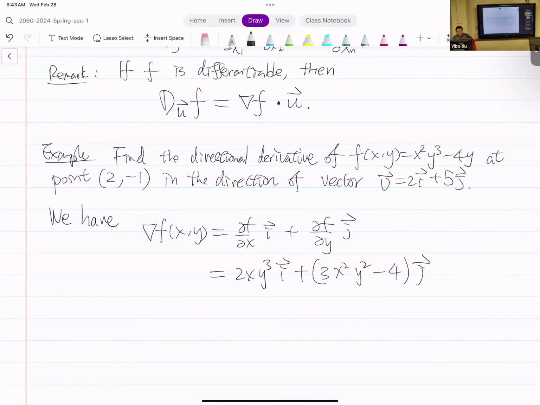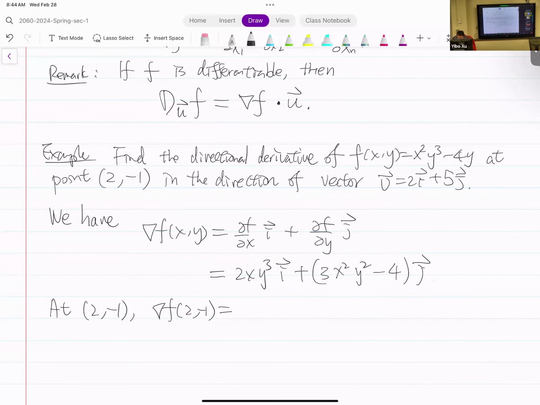So the gradient is a bivariate vector, so both components are bivariate functions. Now we need to evaluate at the point. At (2, -1), the gradient vector, we just plug in.